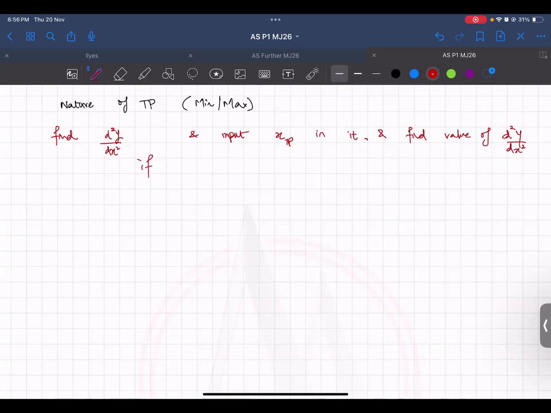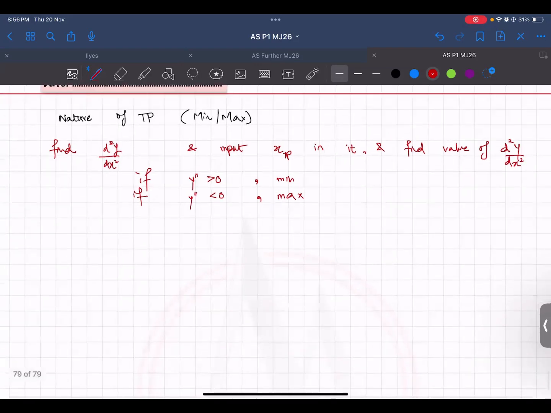If your double derivative is positive at that point, the point is minimum. If your double derivative value is coming out as negative, then that point is maximum. This is the condition that you will use now. Copy this down as well.